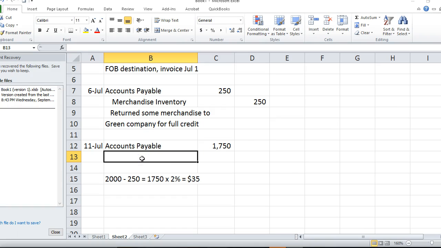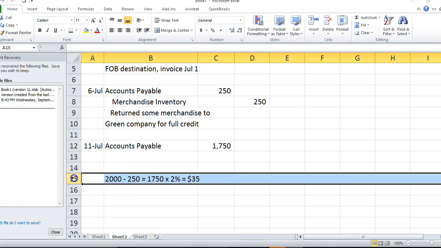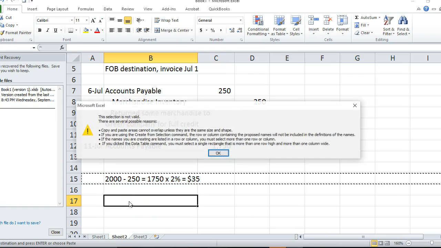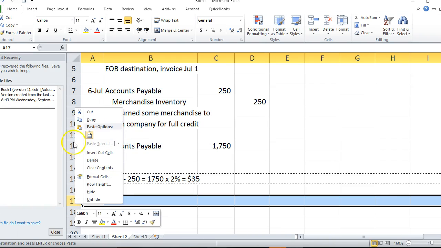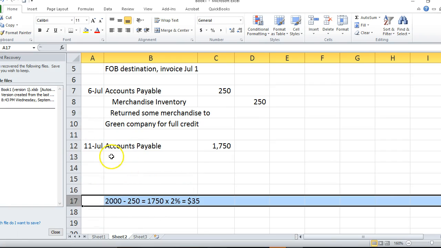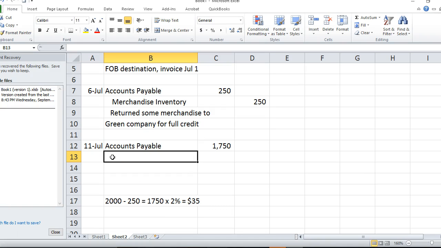So if we pay them within 10 days, we get to reduce it by $35, don't we? $1,715. So our accounts payable, we're going to zero out because we don't owe them that anymore.